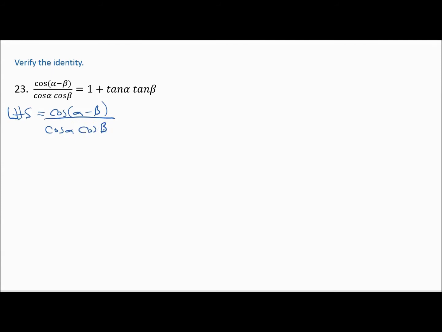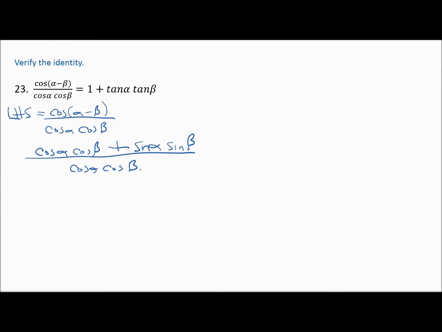Remember, cosine does not alternate. It goes cosine, cosine. The operation changes, and then sine of the first angle, which is alpha, and sine of the second angle, which is beta, divided by cosine of alpha, cosine of beta.